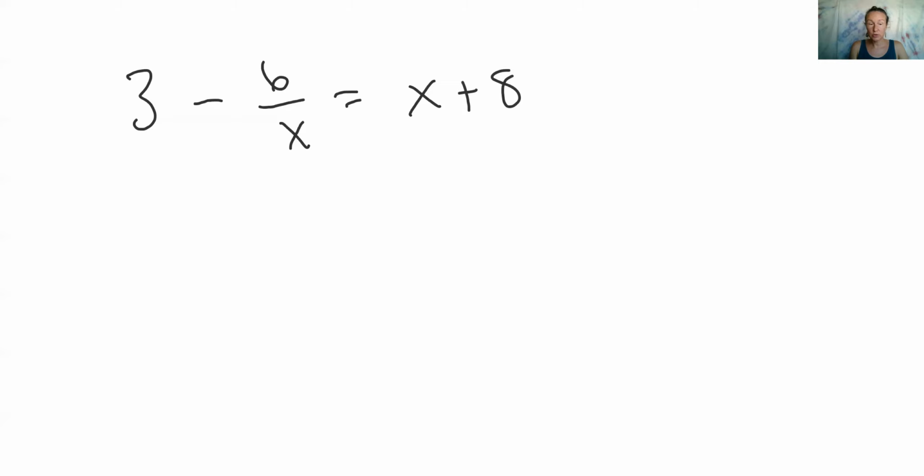And now our two solutions are that x is -2 and x is -3. And so we can just plug those in, and you see neither one of these are going to make the denominator 0, okay?